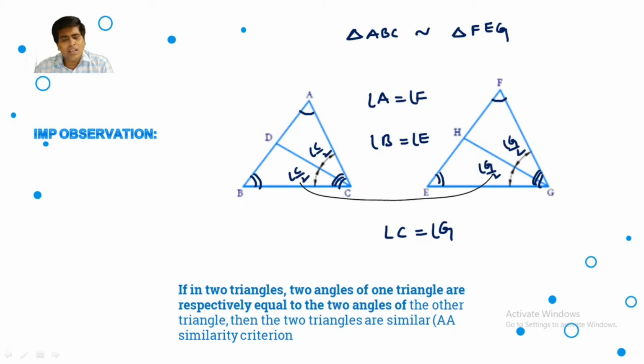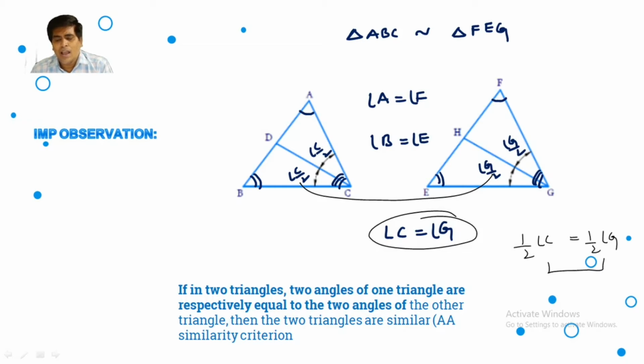Question yourself. Yes, these two angles are equal. Why? Because clearly angle C and angle G are equal. Half of angle C is angle C by 2, and I am taking half of angle G, that is 1 by 2 angle G. So clearly angle C by 2 and angle G by 2 are both equal. Since angle C and angle G are equal, their halves are also equal. This is a very important observation. Now, this whole question we are proving by angle similarity.